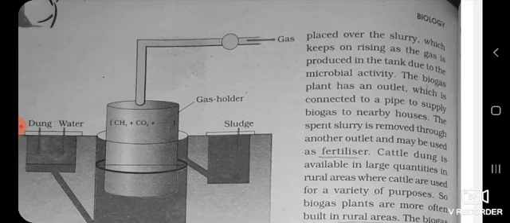In that tank different gases, mainly methane, CO2, hydrogen sulfide and other gases are produced, and these gases continuously come out. So the slurry does not get packed, it is covered by the floating cover, and here you can observe that the microbial activity carries out the gas formation in that digester.